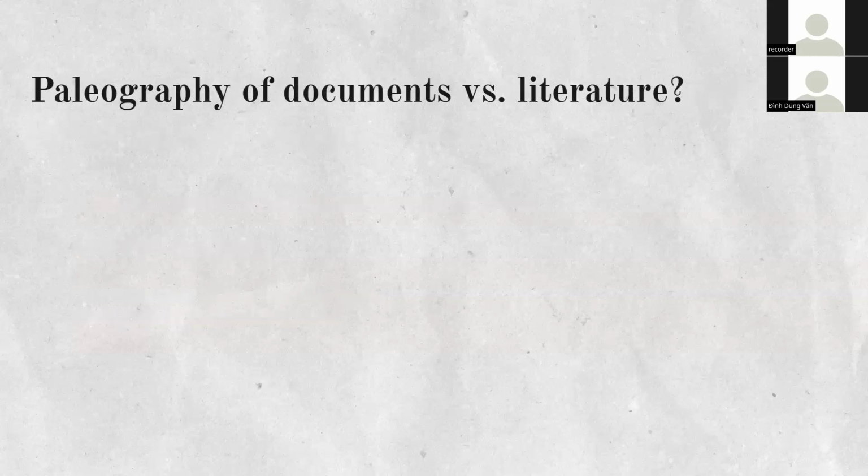Now, paleography of documents and paleography of literature is a question that I have to ask myself every time, because I am studying the paleography of literature, whereas Lavinia made this data set of documents. So I have to ask myself: can we really separate documentary paleography and literary paleography?